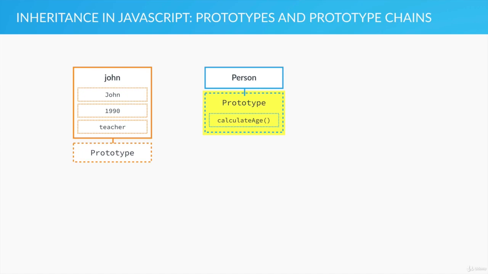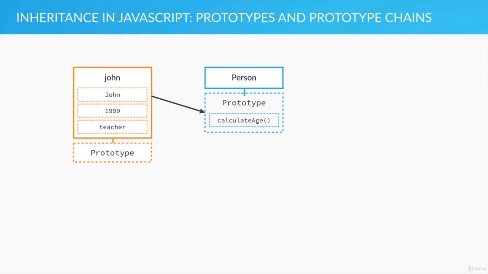So in this example, we have the calculate age method in the person's prototype property, and therefore John inherits the method and can then call it. And any other object created by the person constructor would inherit this method as well. So again, the prototype property of an object is where we put methods and properties that we want other objects to inherit.